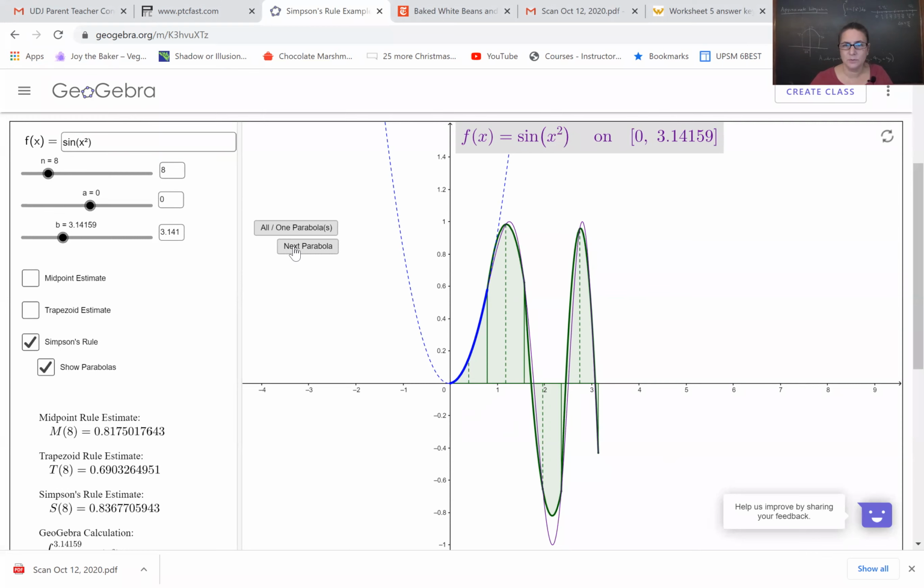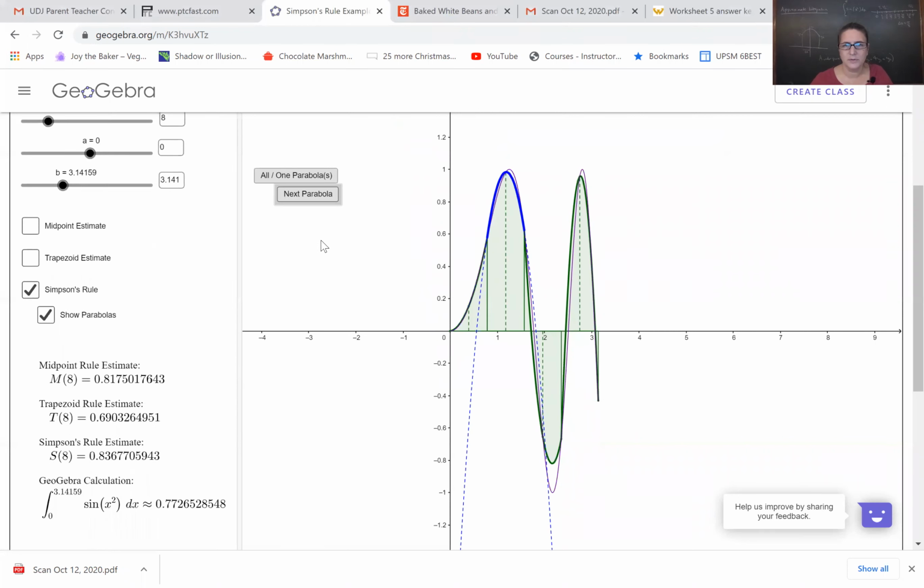Now for my next one, I have these 3 points, and so that's the next parabola. They're going to meet up at the ends, because I use the same point. Then I have all these parabolas. We can show them all, but I find that's kind of difficult to see, so I prefer to show them one at a time.